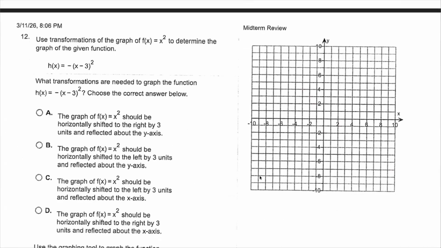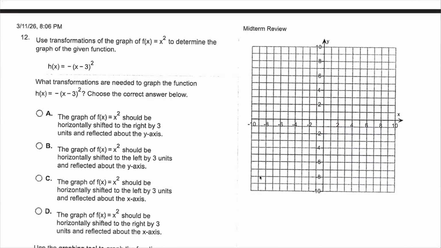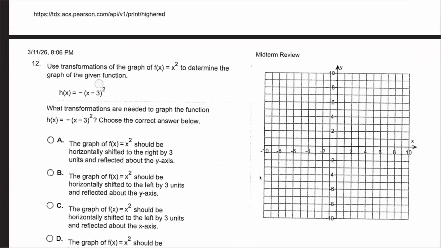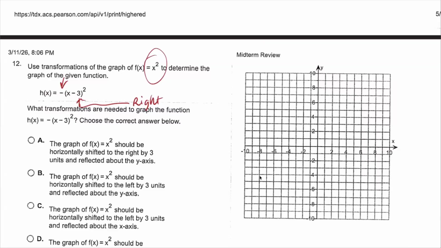All right, this one is an x squared. It has 2 transformations. It has a horizontal shift to the right, and it has a reflection over the x-axis. But it's still a parabola, x squared. All right, I'm doing this very quickly.